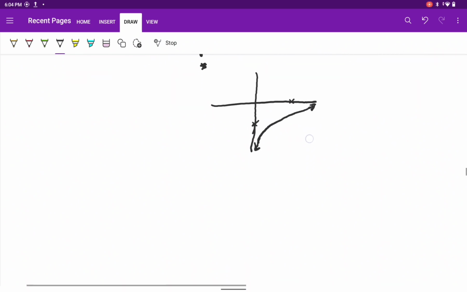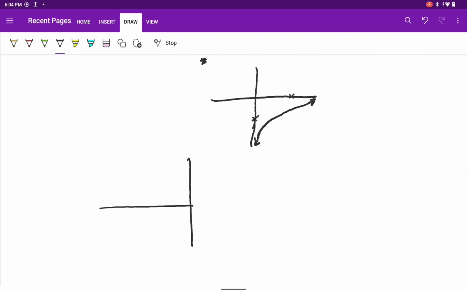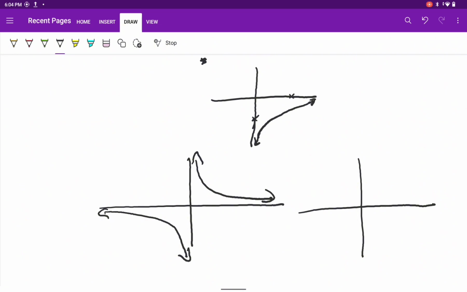The shape of a hyperbola, if these are our asymptotes, we must either draw it in the first quadrant and in the third quadrant of the asymptotes, or it can be drawn in the second quadrant and the fourth quadrant of the asymptotes.